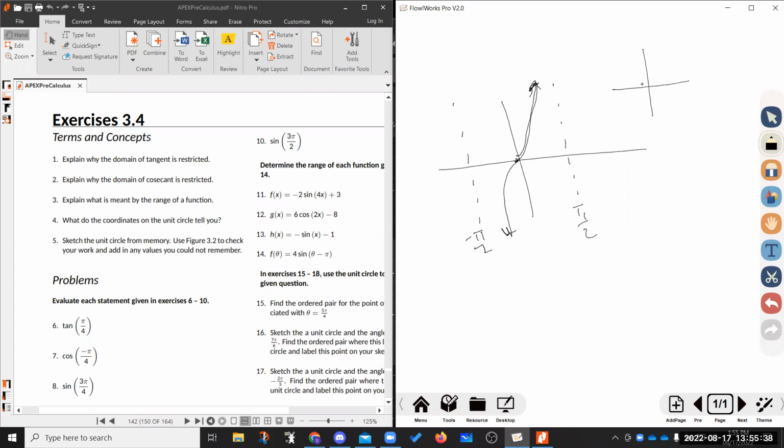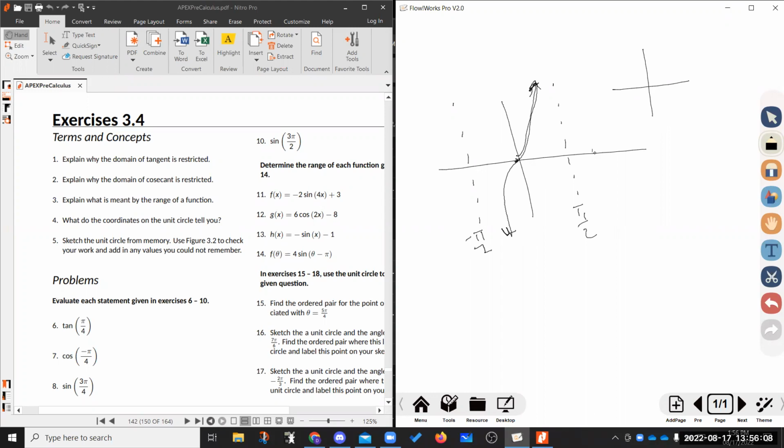So the pieces that are between 0 and pi over 2 here have positive slope. The pieces between 0 and negative pi over 2, those lines would have negative slope, tending towards infinite slope in a negative direction. This tends towards infinite slope in a positive direction.